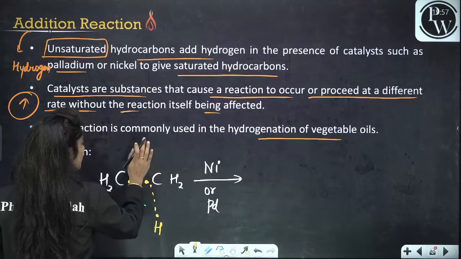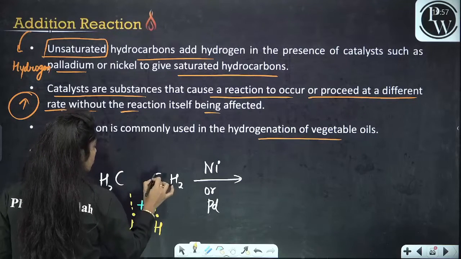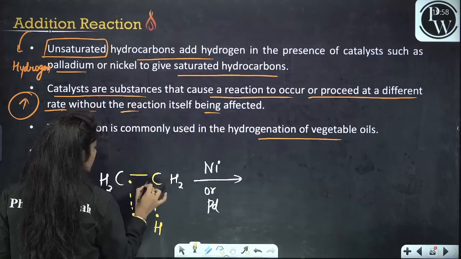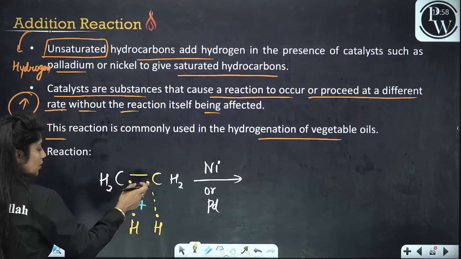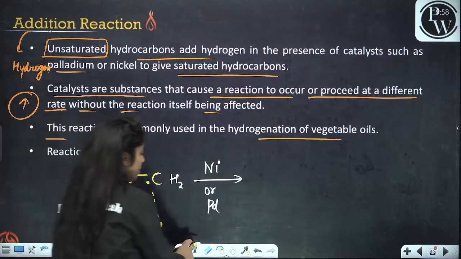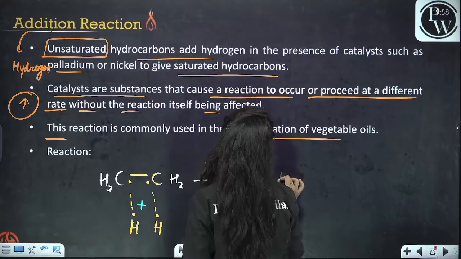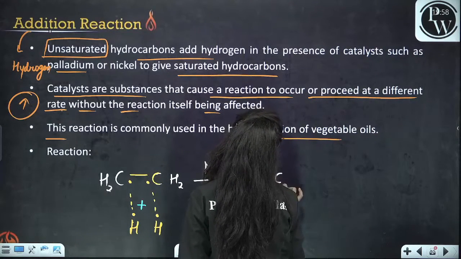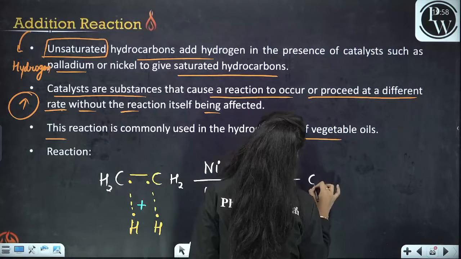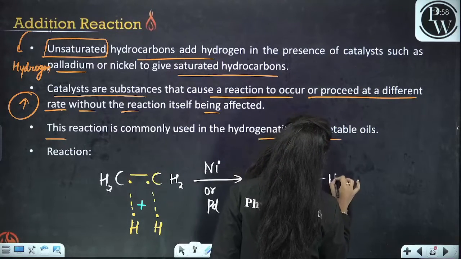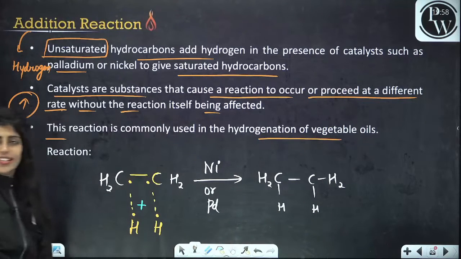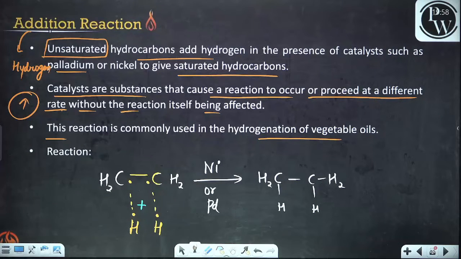So, what has happened here? I will show you what has happened here. This bond is broken, new bond is formed. Breaking and making of bond happened. So, basically now we have CH3, single bond, CH3. Can you see this? What happened here?